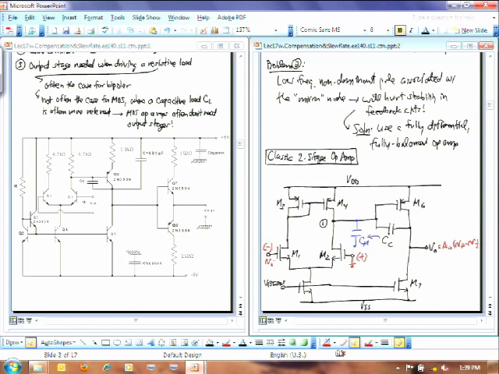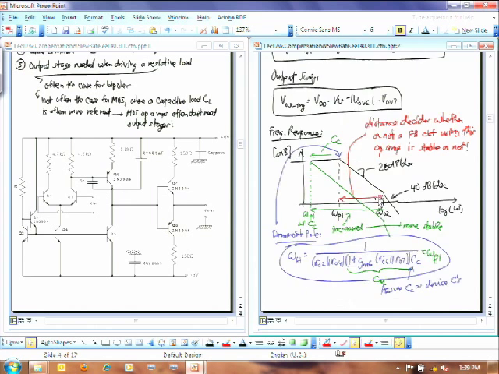That 680 picofarads just tries to brute force it. It takes the large impedance from this node right here and combines it with a capacitor to create this compensated 3 dB frequency, okay, which is lower than what, of course, the op-amp would have without this capacitor.